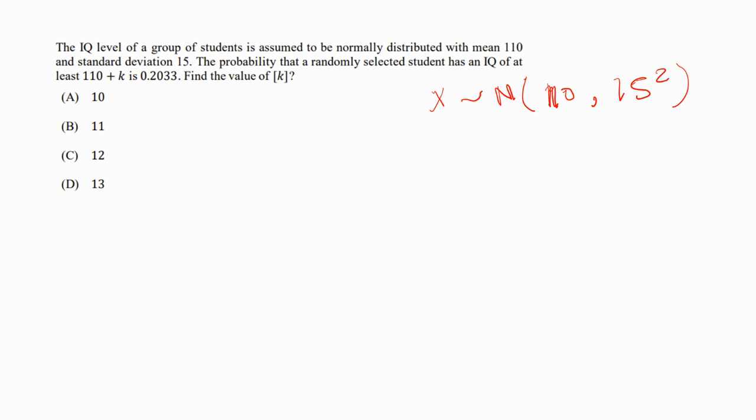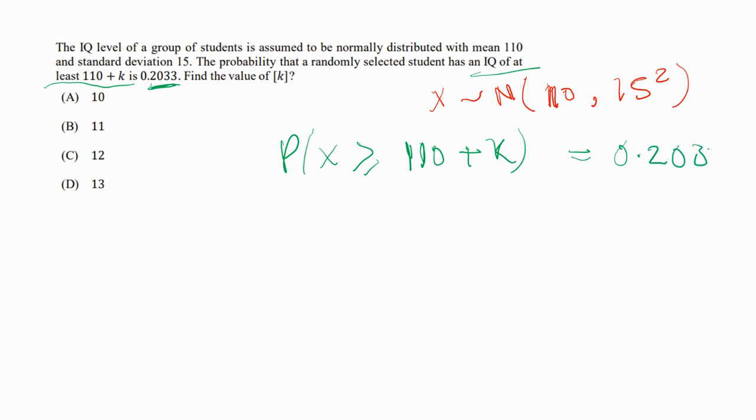Now the probability that a randomly selected student has an IQ of at least 100 plus k, that means x needs to be at least 100 plus k, is 0.2033.